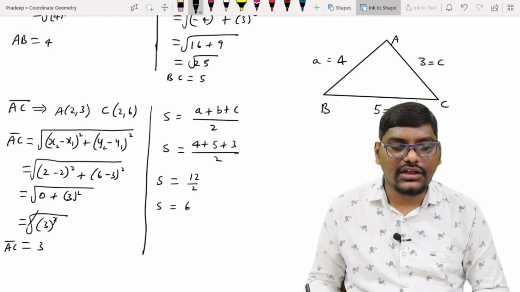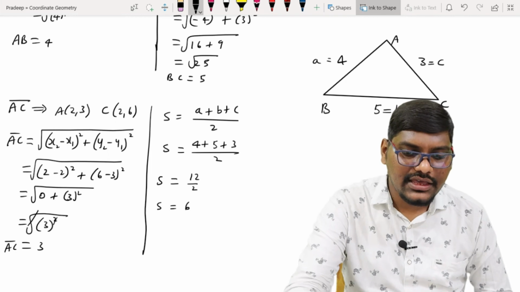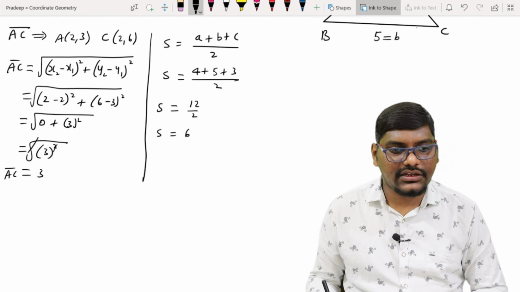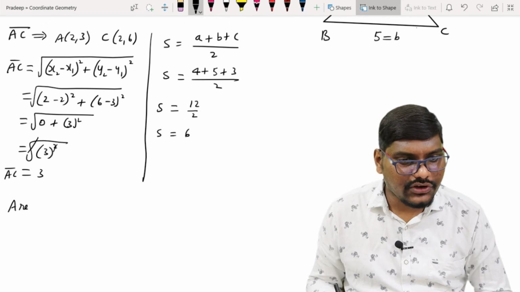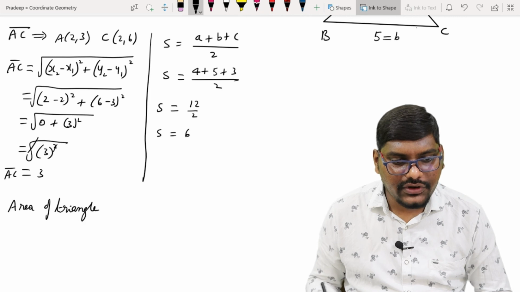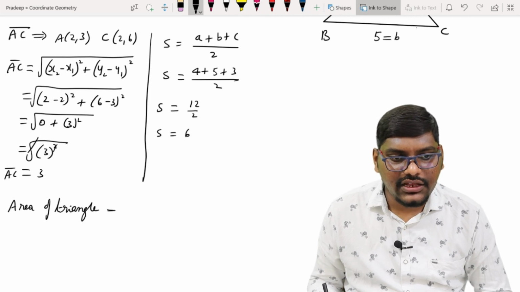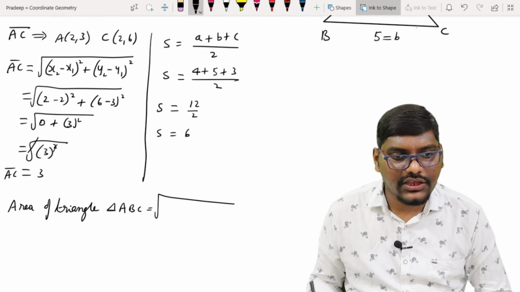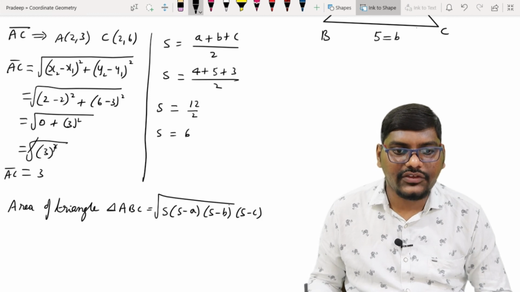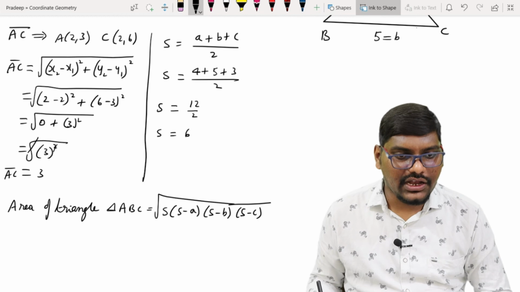So S we got. For Heron's formula, we have to solve this further. I can write the area of triangle ABC equal to, Heron's formula, the square root of S into (S minus a) into (S minus b) into (S minus c). We'll substitute the values: S we got 6, and the three sides we got are a equal to 4, b equal to 5, c equal to 3.